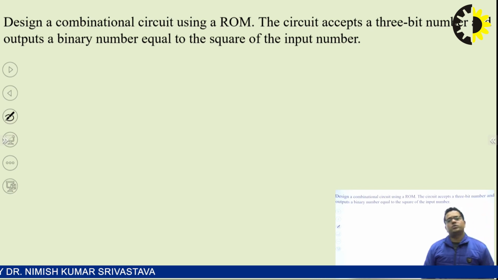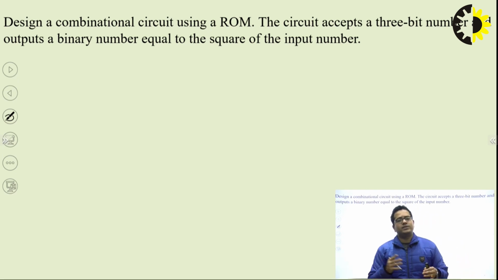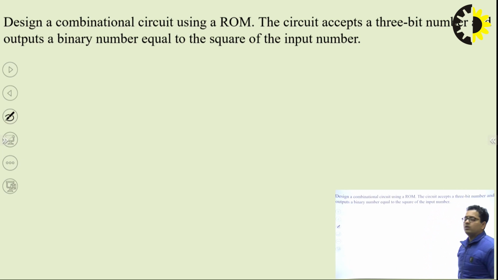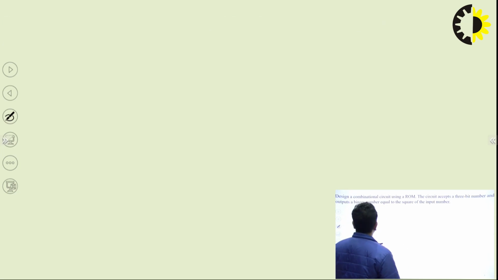At the input we have 3 bits, so with 3 bits we can generate 2 to the power 3, that means 8 combinations, and for those 8 combinations we get the output equal to the square of the input number. So let us see this concept.